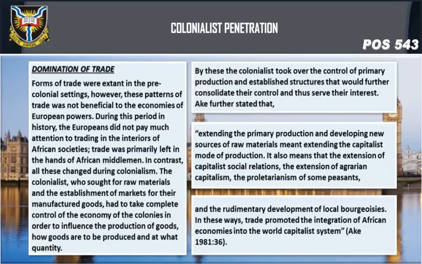Ake further states that extending the primary production and developing new sources of raw materials means extending the capitalist mode of production.